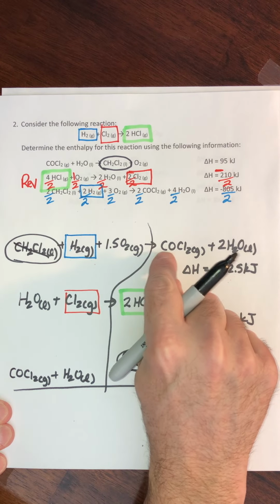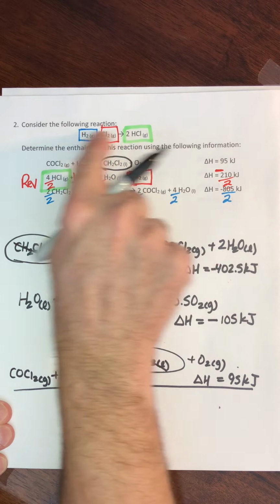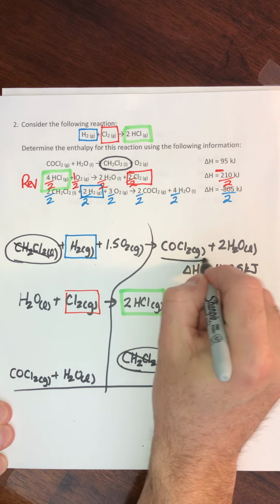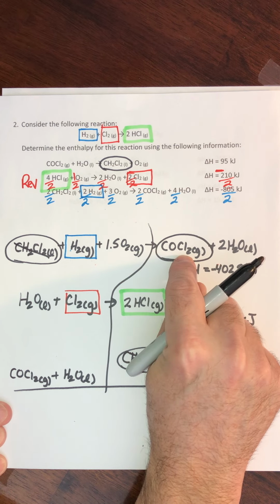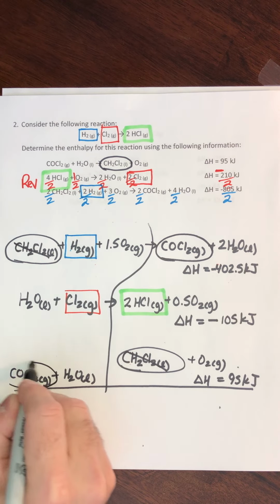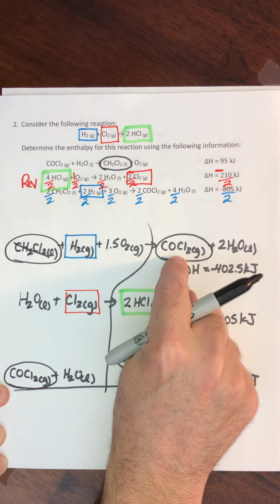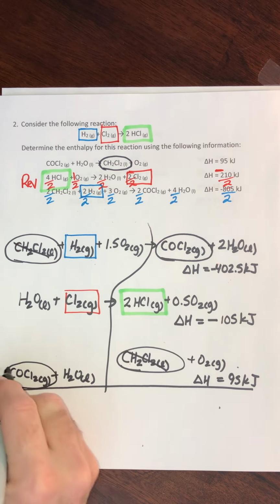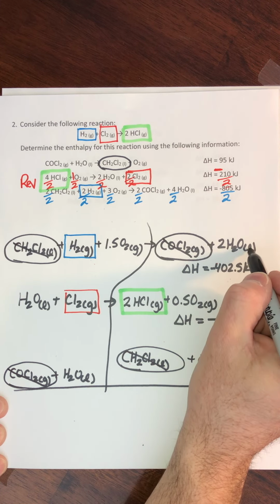Okay, see how I have a COCl2 here and there's no COCl2 in my target equation? That means it has to cancel. So if you've got one of them on the product side, you need one on the reactant side, right? COCl2 gas, COCl2 gas, one of them and one of them cancels. All right, 2 water liquids.